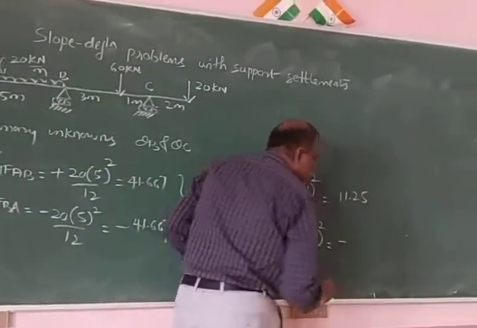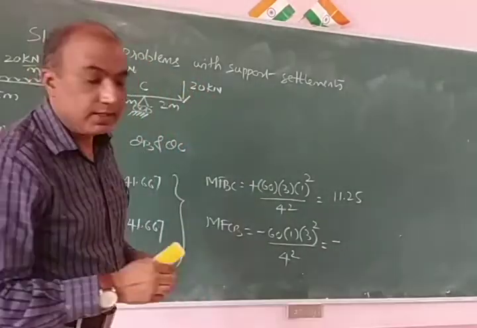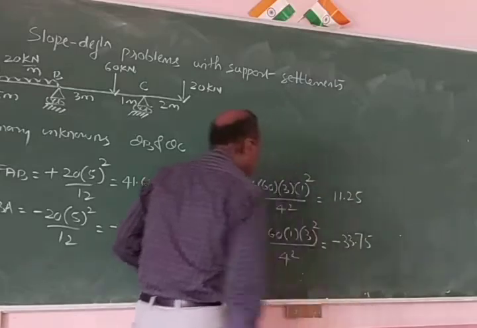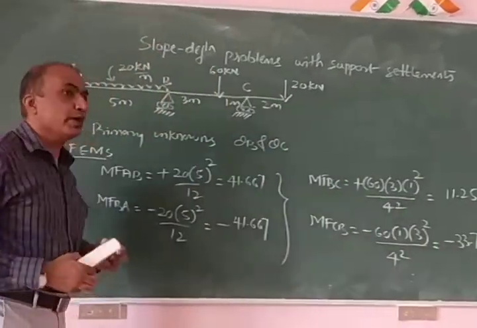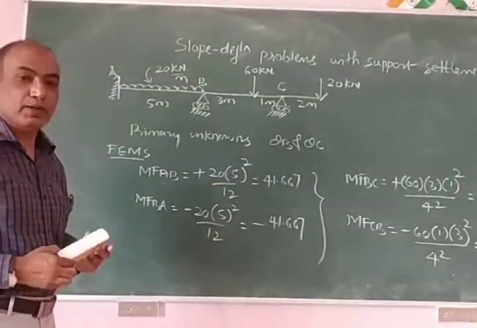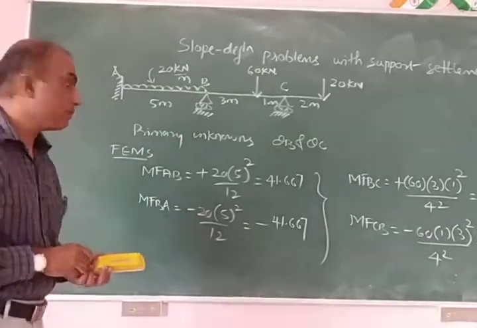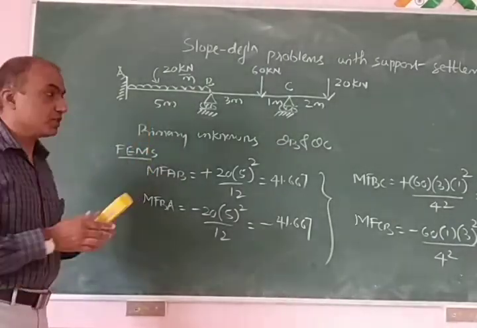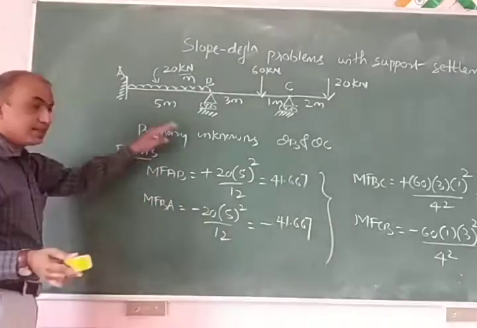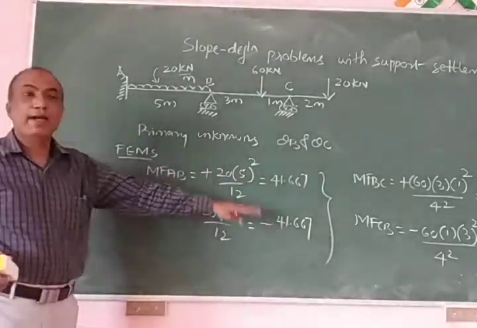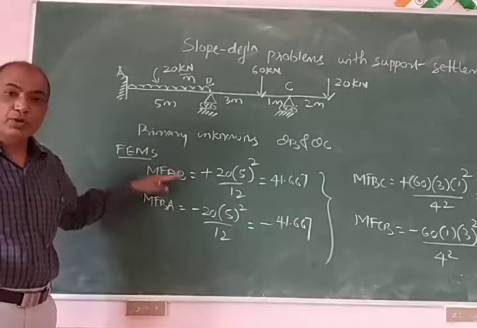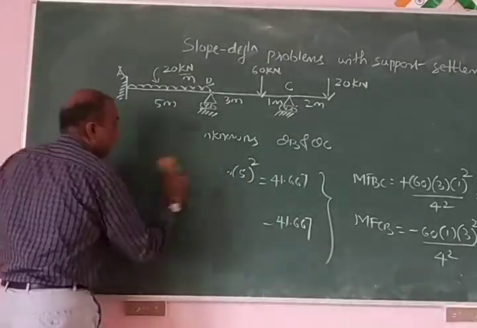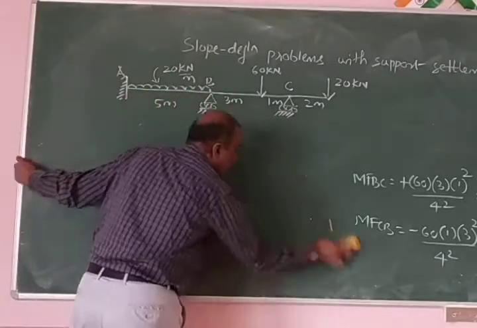And this is minus 33.75, W B A square upon L square. These are the fixed end moments. Now let us write down all the slope deflection equations. I hope this is clear to you because we have been doing the problems and fixed end moments are found out using regular formula. Now what next? Next is slope deflection equations.